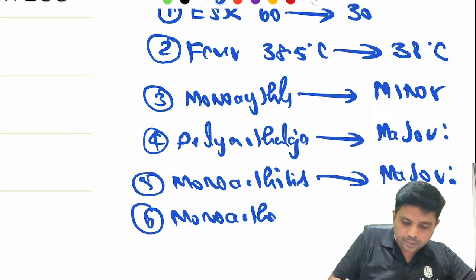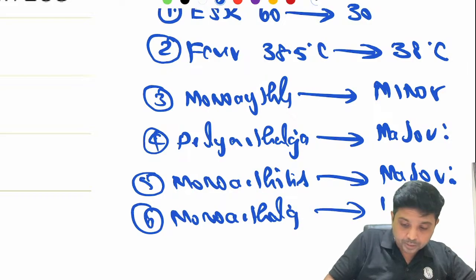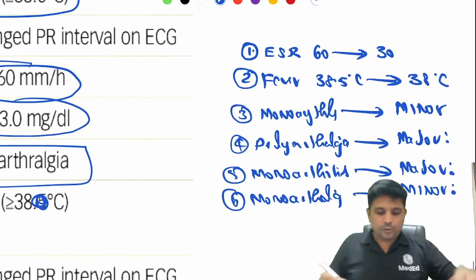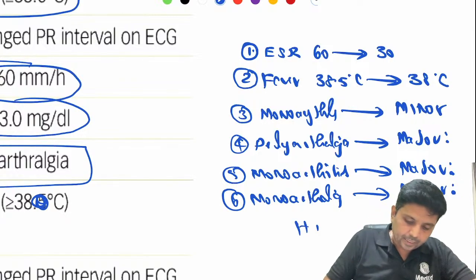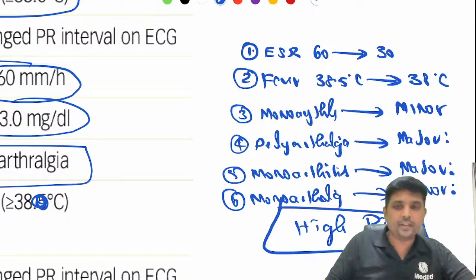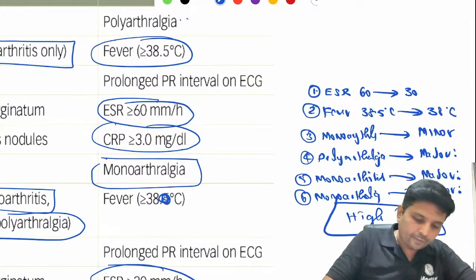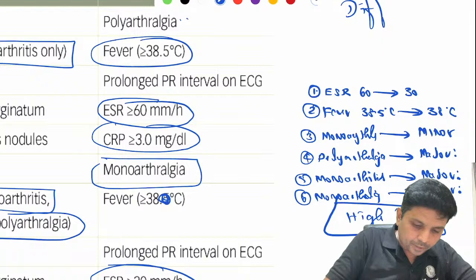Monoarthralgia comes under minor criteria at present; previously we didn't consider it at all. This is with respect to the high risk population. This is very, very important. What are all the differences between old and new criteria?